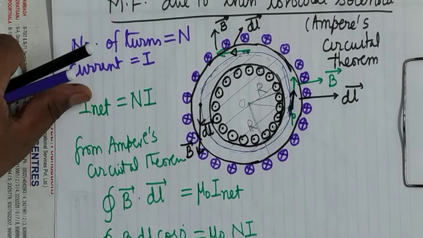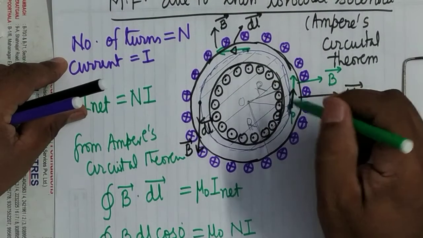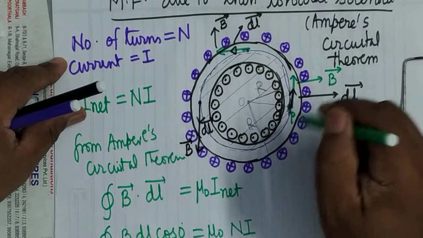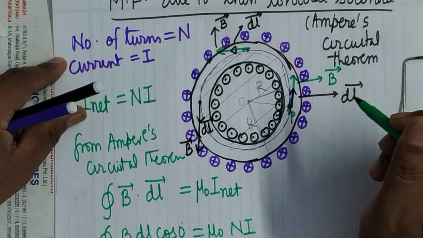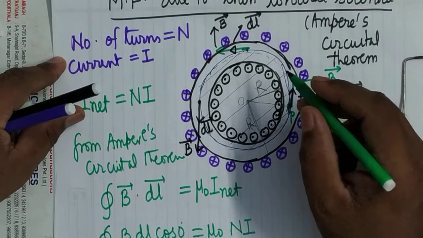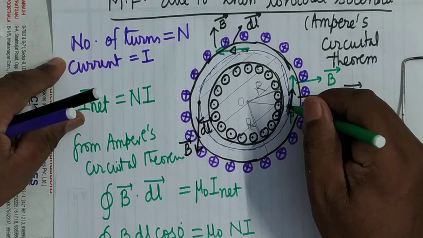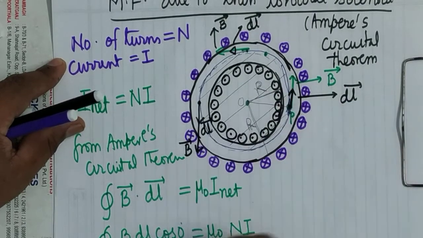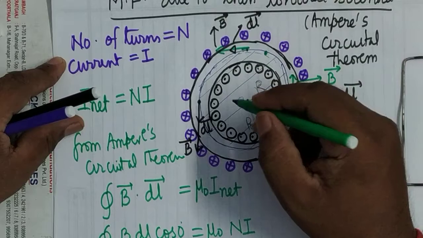It is clear. Now, B differs only in direction; its magnitude will be the same because of the symmetry. Why? Because whether you take this point on the Amperian loop or this, all are situated at the same distance from O. And what is that distance?